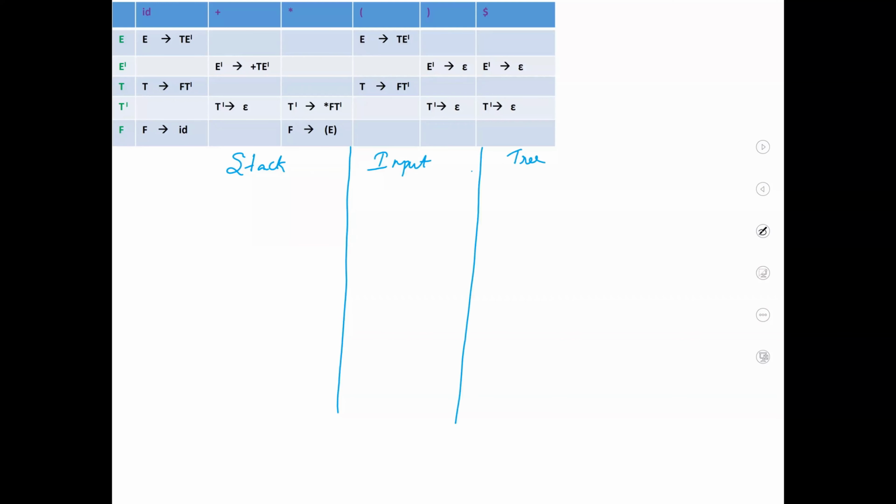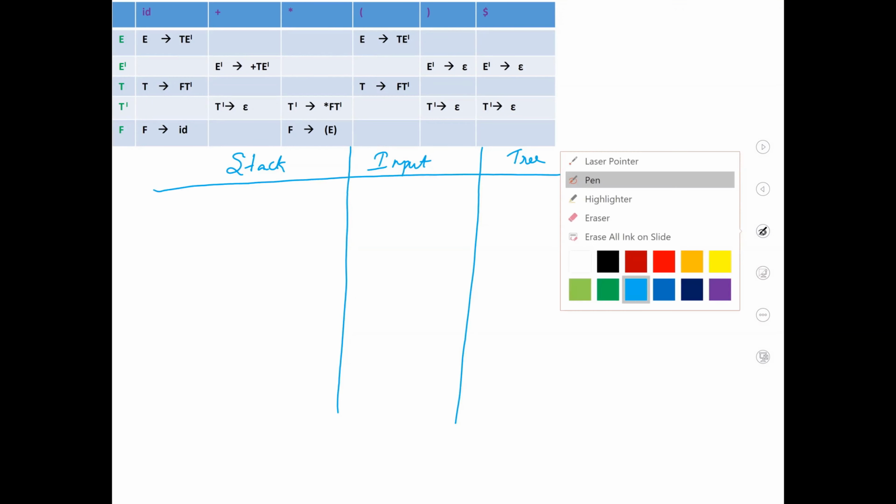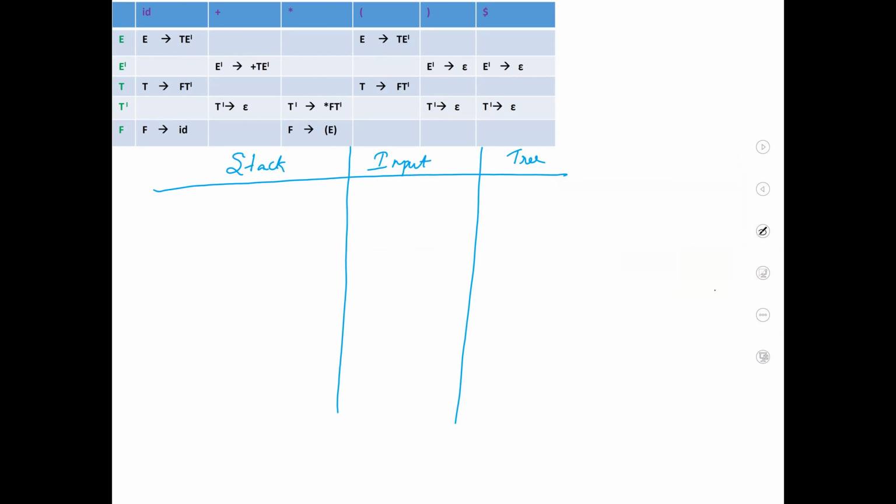So these are the 3 columns you will be having. First thing you do is, at the bottom of the stack, you put a dollar, and you have to check the validity of ID plus ID into ID. So that is your input string.